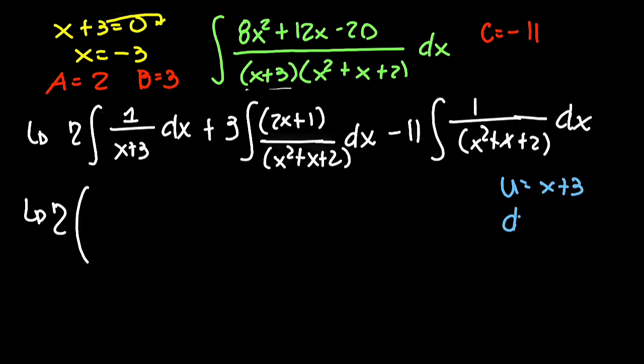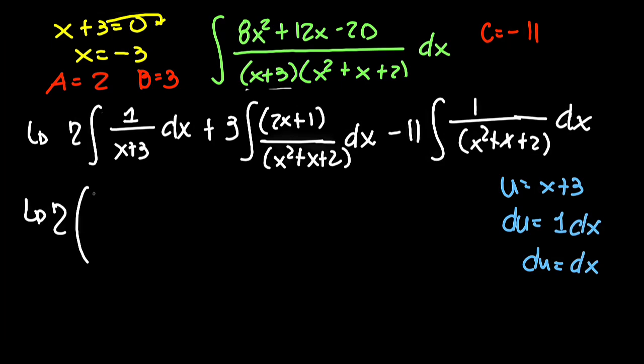And taking the derivative, whenever you use u substitution, take the derivative next. Derivative of x is simply 1. The derivative of 3 is 0. And since this is with respect to x, multiply this by dx. And so, du here would be equal to simply dx.